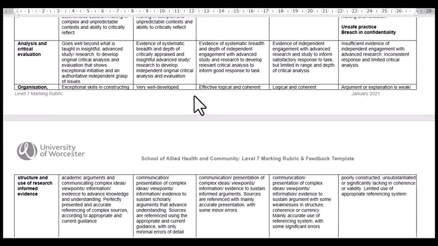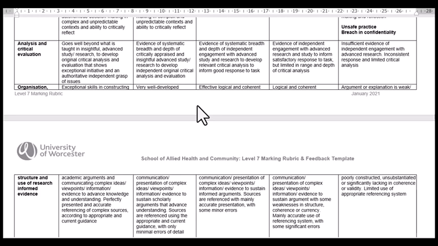So there you're really looking at bringing in multiple sources, multiple perspectives, weighing up the benefits, the limitations of the various ideas that you're talking about within your assignment.